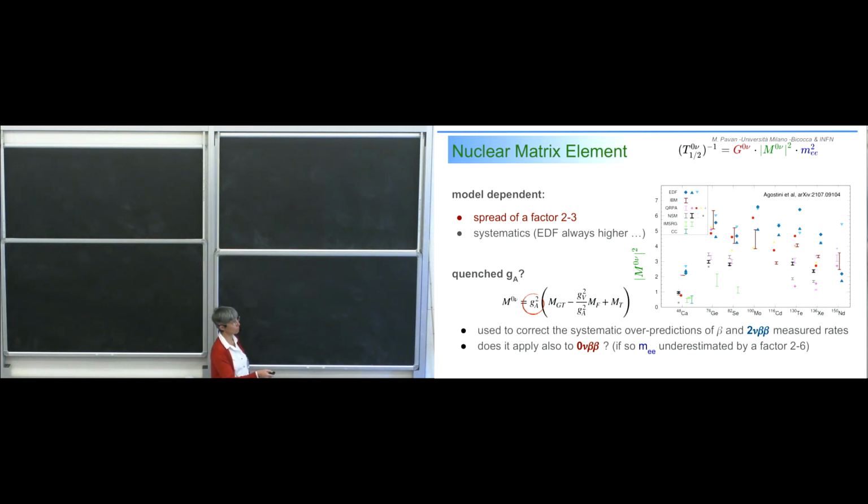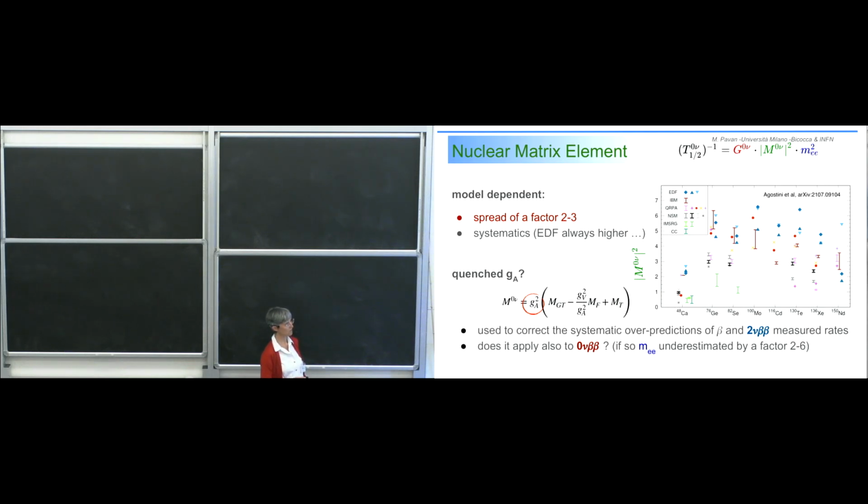Within the same models, the names identify different models, and for each of them you have different flavors depending on the approximations introduced. At the end, you get a number of different predictions for this transition nuclear matrix element.